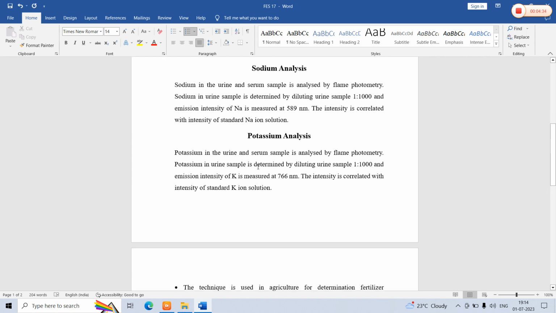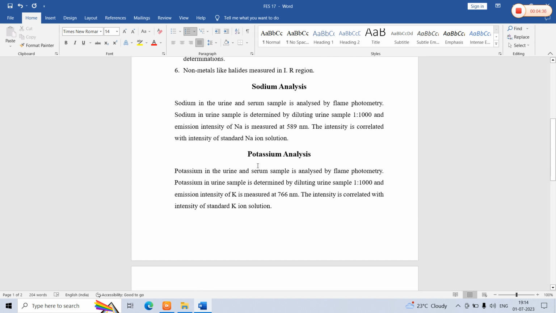Now, sodium and potassium samples can be analyzed quantitatively. Here is a paragraph that gives information about sodium analysis. Sodium in urine and serum samples is analyzed by flame photometry. Sodium in a urine sample is determined by diluting the urine sample 1:1000, and the emission intensity of sodium is measured at 589 nanometer.